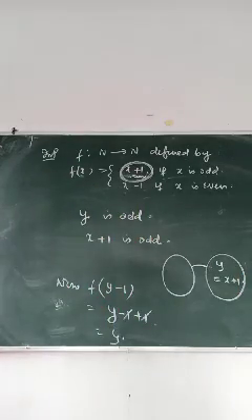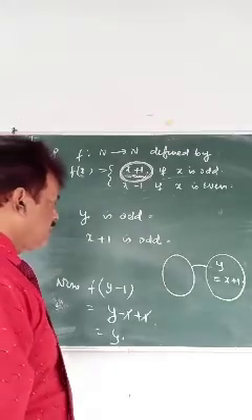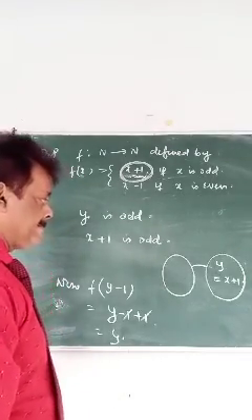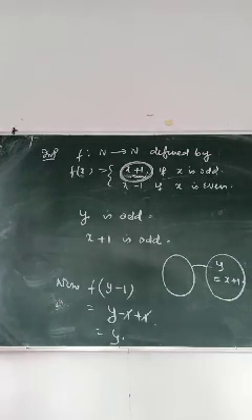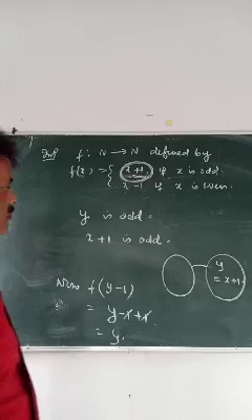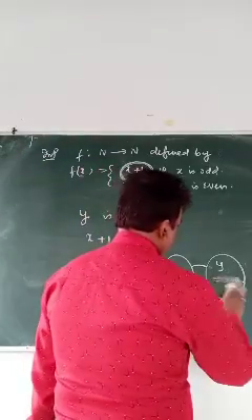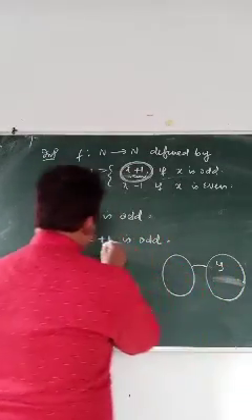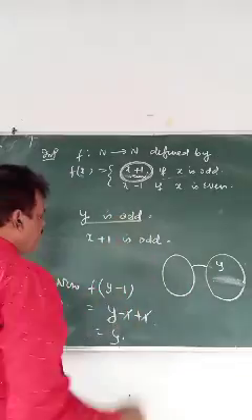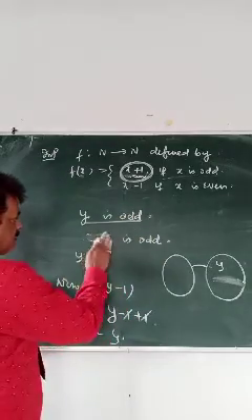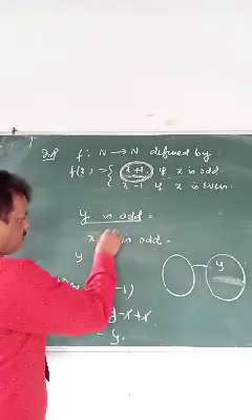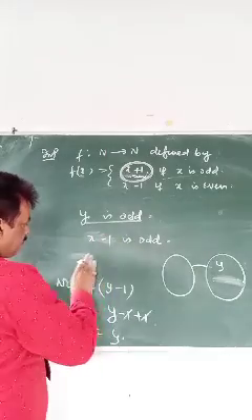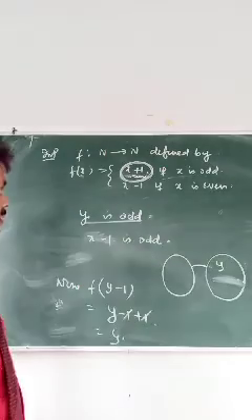This will be odd, means y is odd. So what will be the value of y? X minus 1 has to be odd. Why is x minus 1 odd?